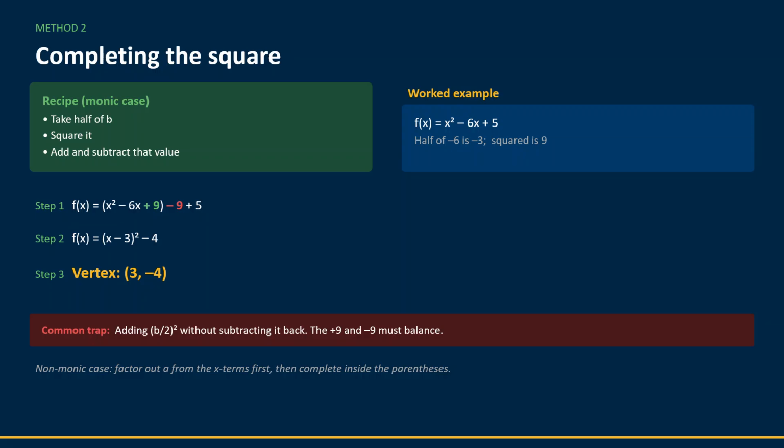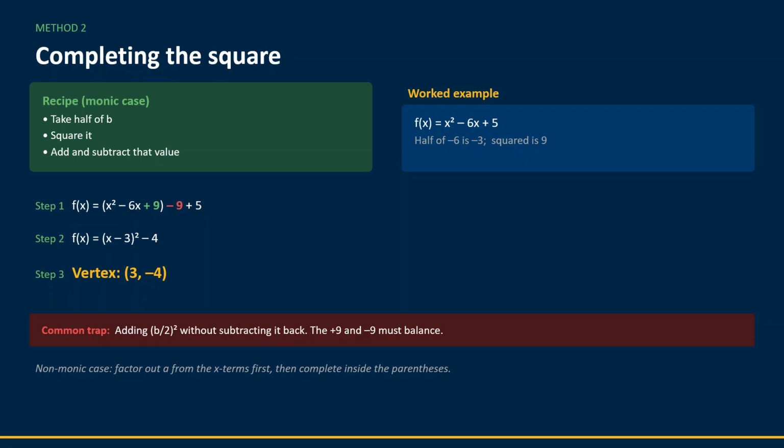Method 2. Completing the square. To convert standard form to vertex form, we complete the square. Start with f of x equals x squared minus 6x plus 2. Take half the x coefficient. Negative 6 over 2 is negative 3. Square it to get 9. Add and subtract 9 inside the expression.